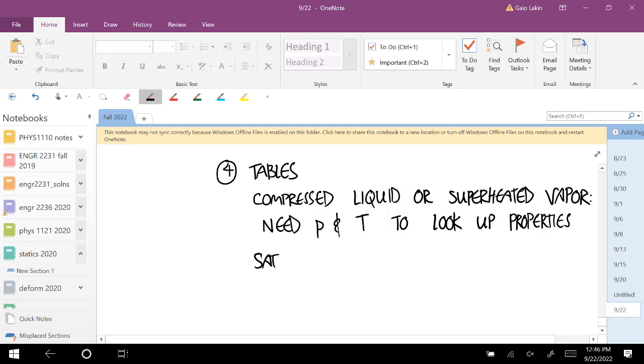At saturation, you only need pressure or temperature to look up the properties.